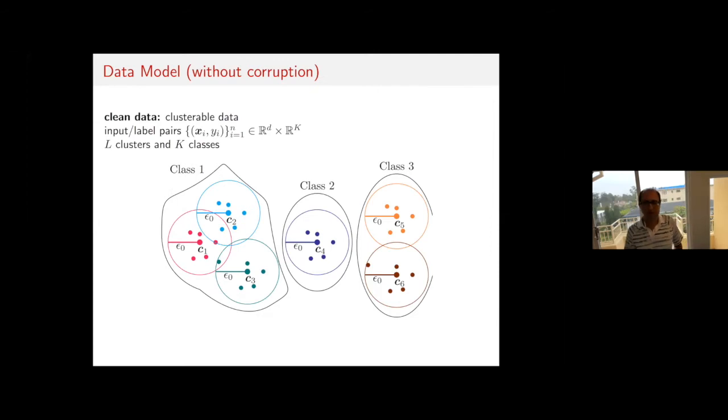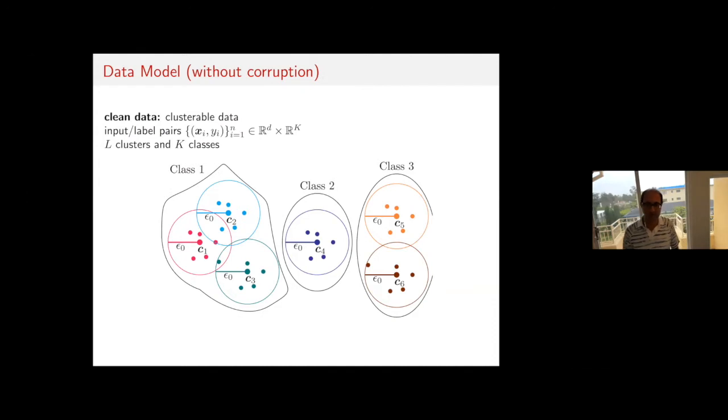Let me also tell you what kind of data model we look at in this paper. We look at a cluster model. What we're going to assume is that the input data come from mixtures or clusters, and each class can have multiple clusters.